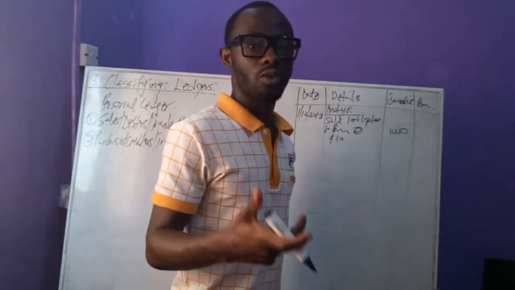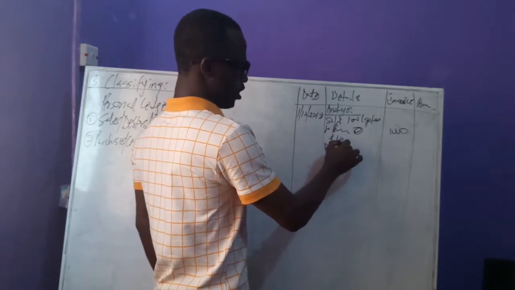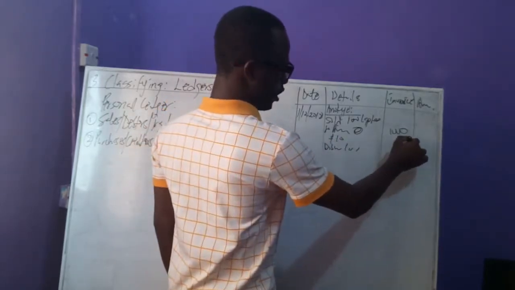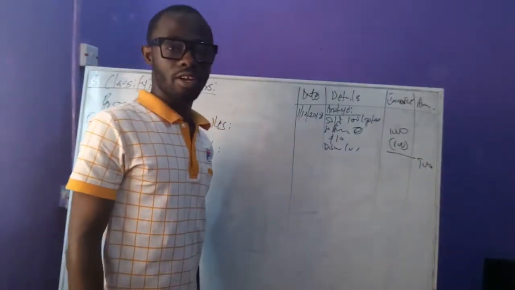But then I gave you a discount, okay? So we're going to put a discount here of 10%. So 100 will be subtracted, then we take the amount, so you are actually owing me 900.